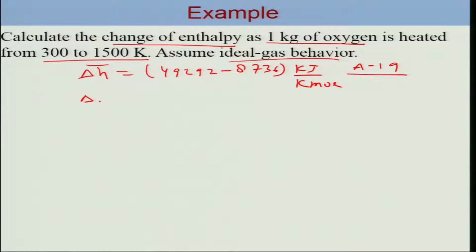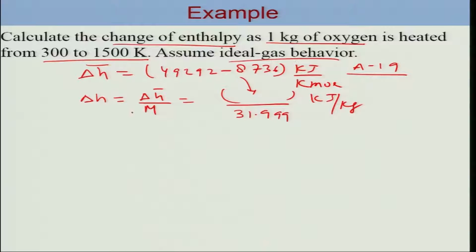If you want to convert this into mass basis, then you divide by the molar mass, which for oxygen is 31.999, and this becomes kilojoules per kg. This value turns out to be 1267.375 kilojoules per kg. So this is one way to obtain the change in enthalpy. You directly made use of the table.